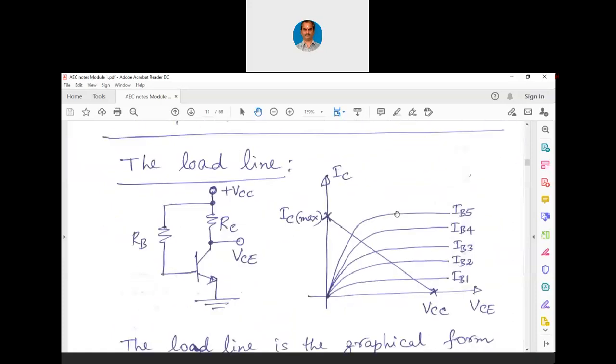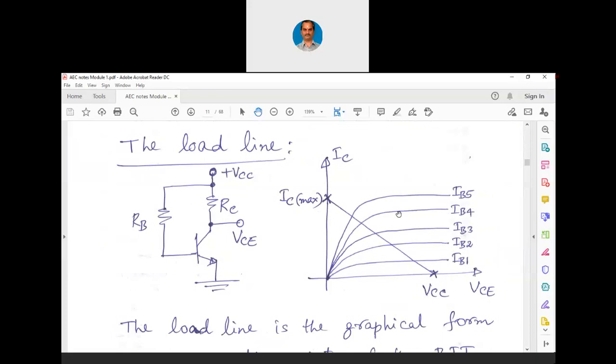So with this introduction, let us understand one important concept called load line. This you have to understand deeply now. This circuit we had seen yesterday. I will just annotate this particular circuit now.